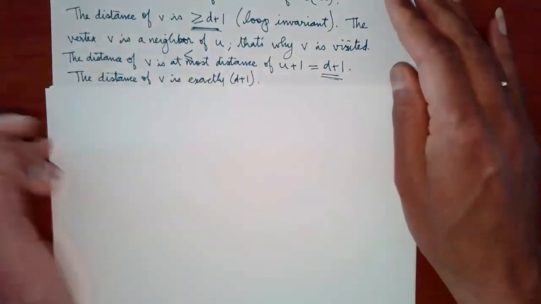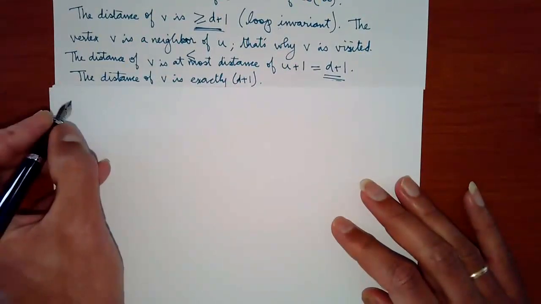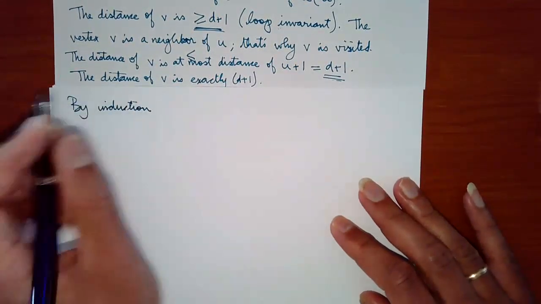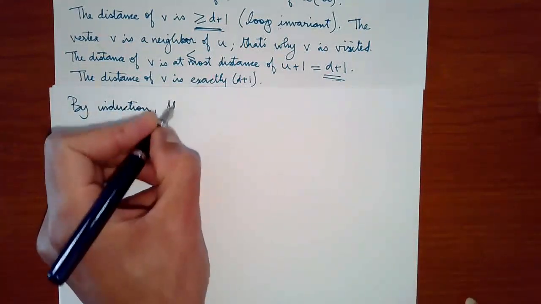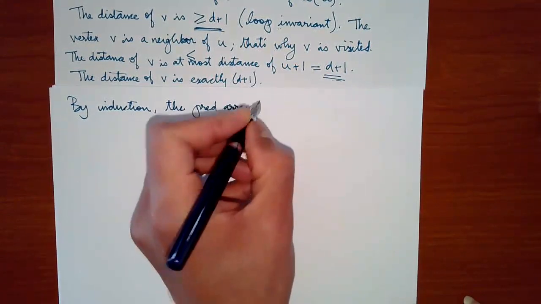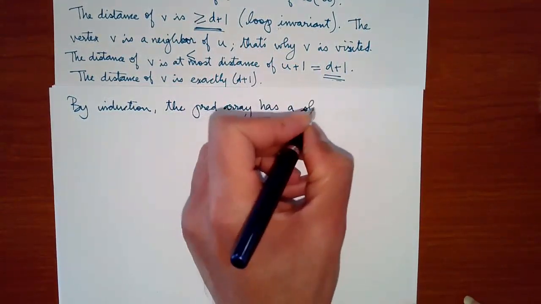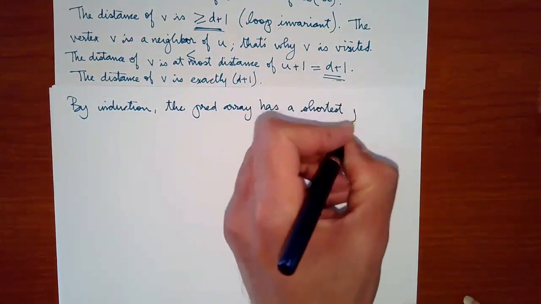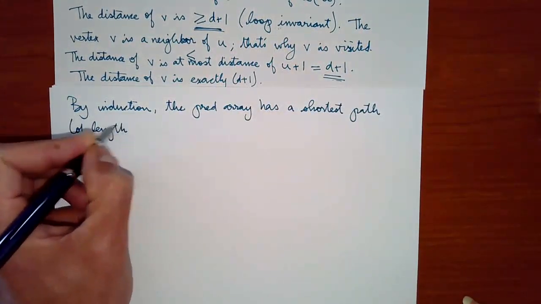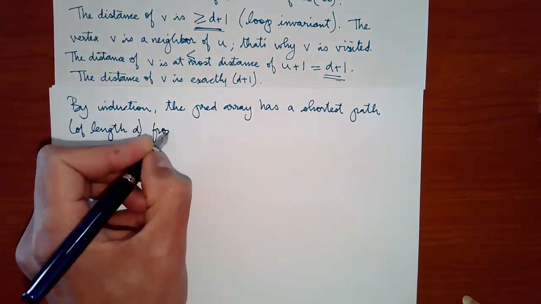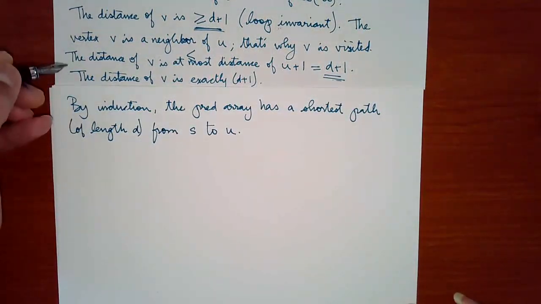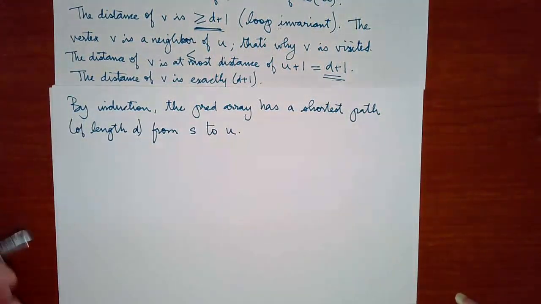And we know that by induction, the predecessor array has a shortest path of length D from S to U, right? Because U has been dequeued, and we're doing induction on the number of dequeued vertices.